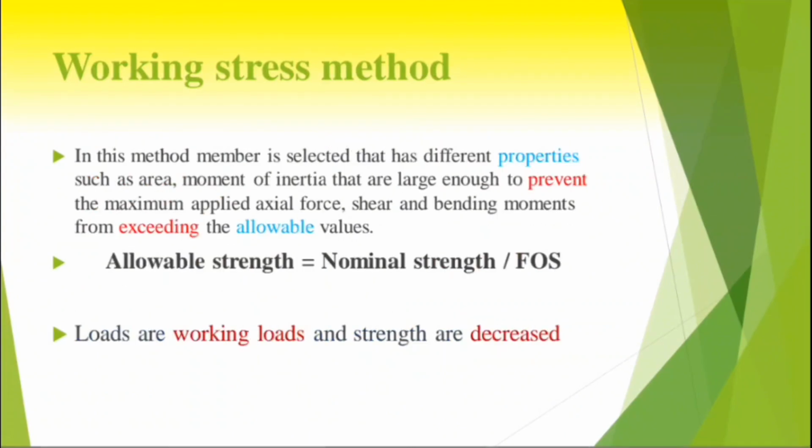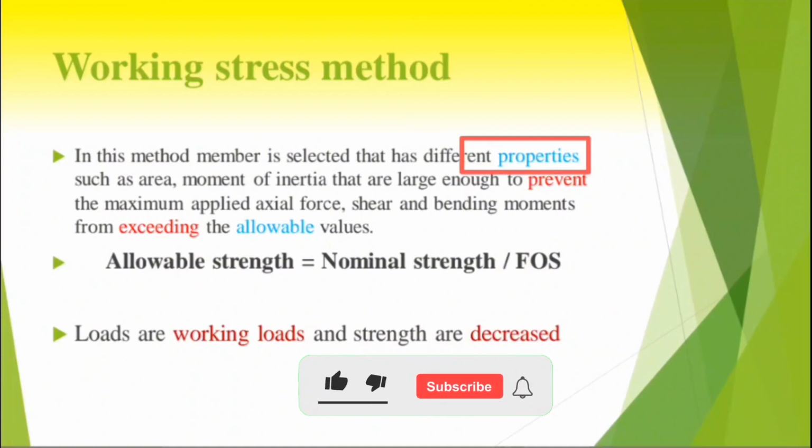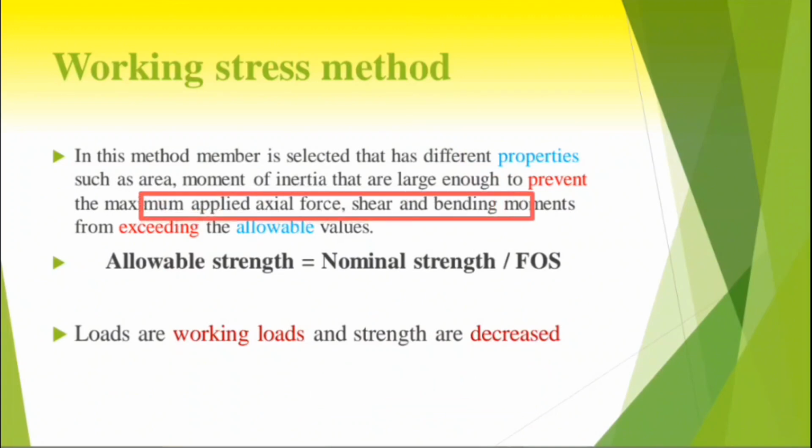Here you can see the different properties in this section, area and moment of inertia, that are large enough to prevent the maximum values of the applied axial force. These are the load effects, like axial force, shear, bending moment, torsion, etc. So we are increasing the cross-sectional property to prevent these load effects from exceeding the allowable value.